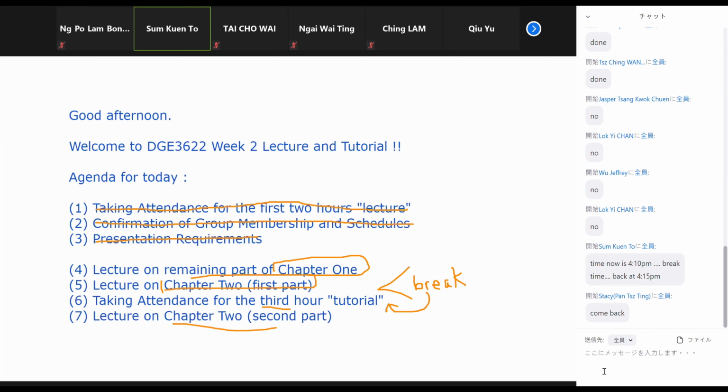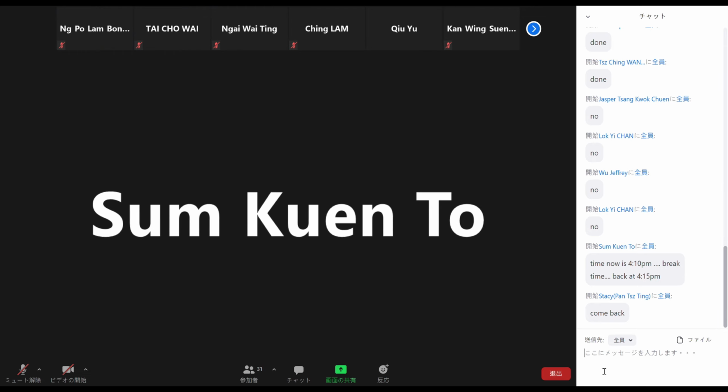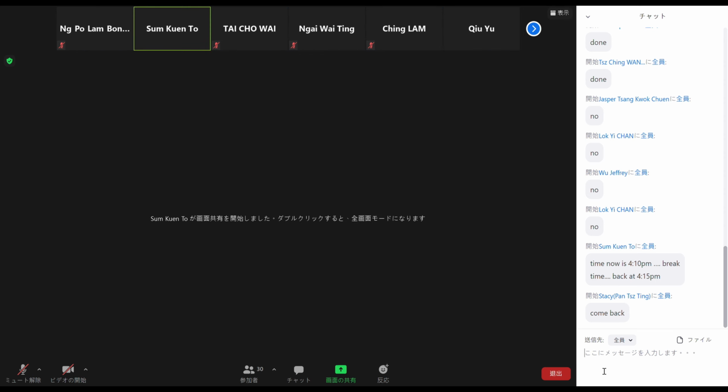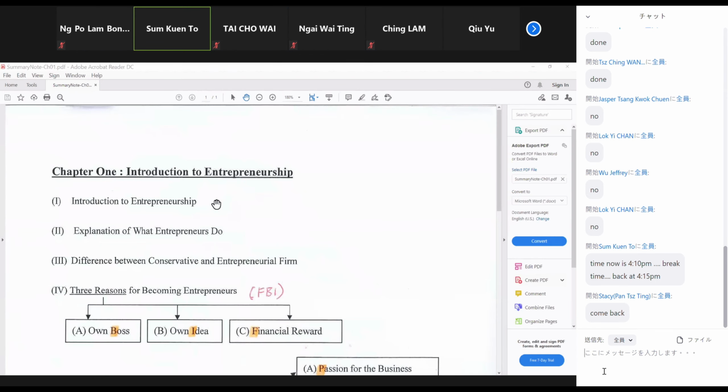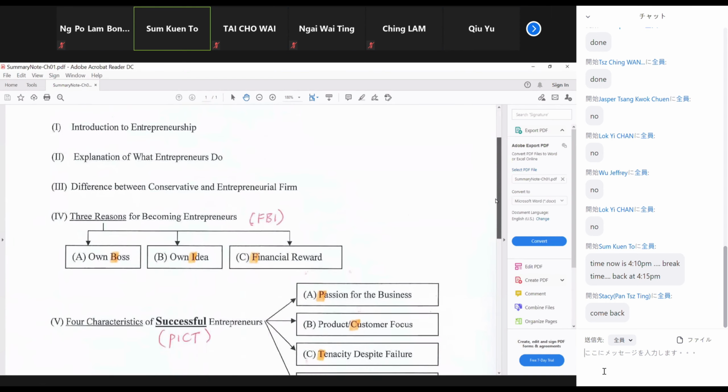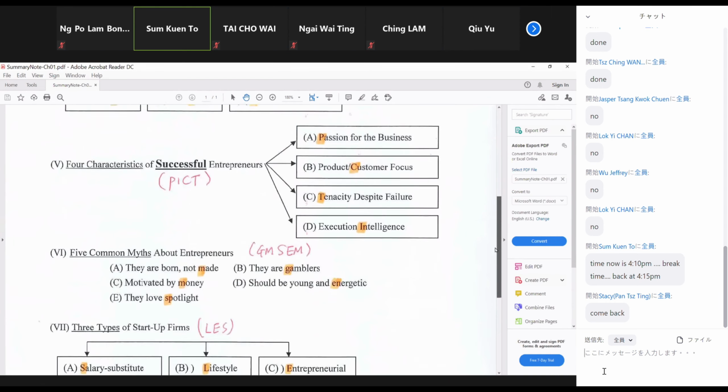So I'll take this away now. I always try to make things interactive, but whether I can do that or not also depends on your cooperation. I also uploaded all those summary notes which we have mentioned.